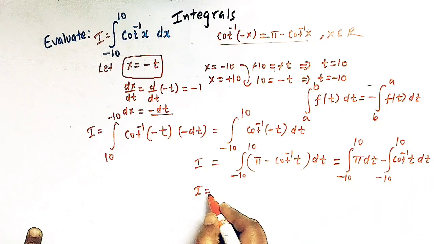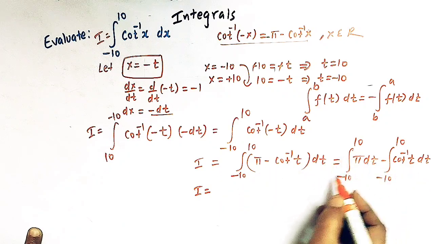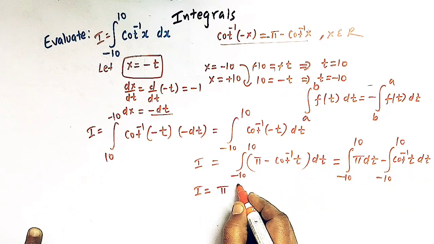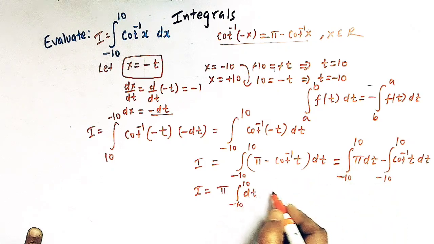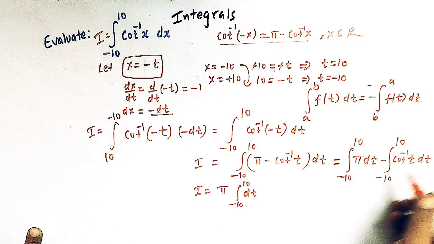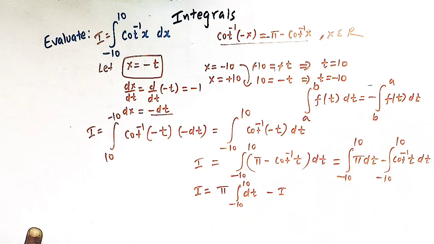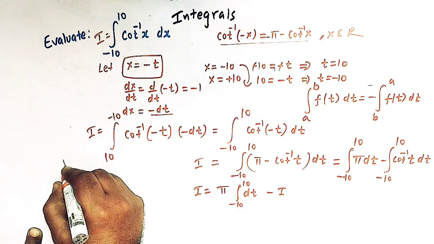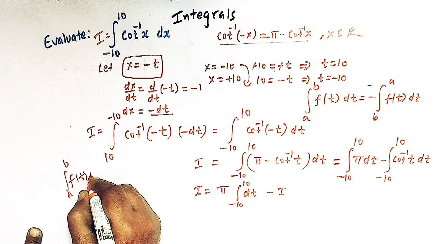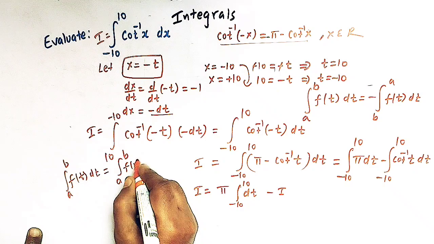So now we have I, and we have now two integrals. So here we can take pi outside the integral, and we have minus 10 to 10 dt, and this second integral is now equal to I, because here we can again make use of one important property of definite integrals, which says that the integral a to b f of t dt is equal to integral a to b f of x dx.